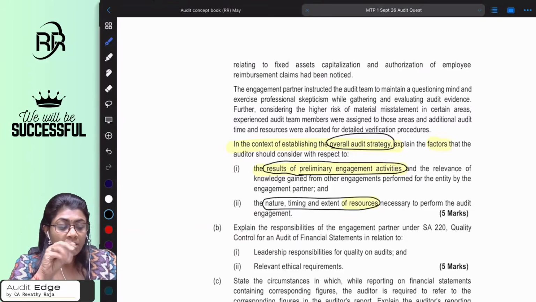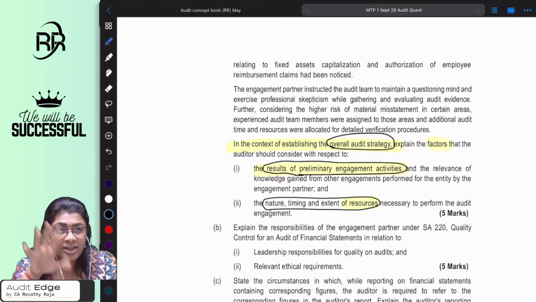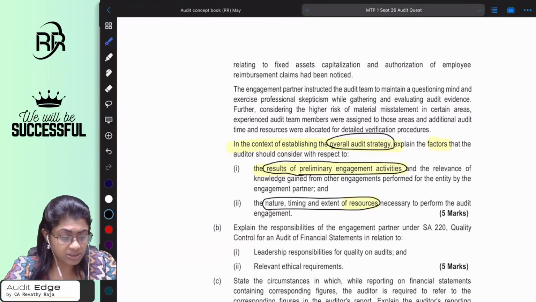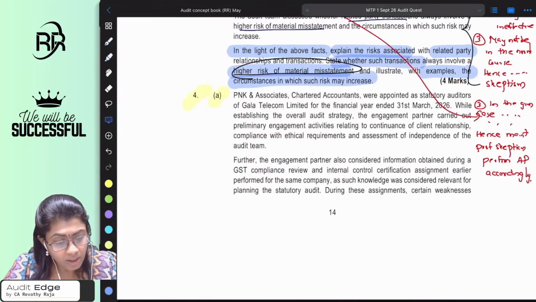Okay. So our answer should also be very specific to that. Rather than being general, be specific to that. So let's read quickly the question. P&K Associates, the chartered accountants, were appointed as the auditors of Gala.